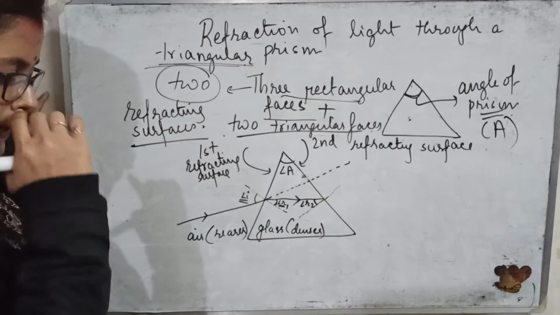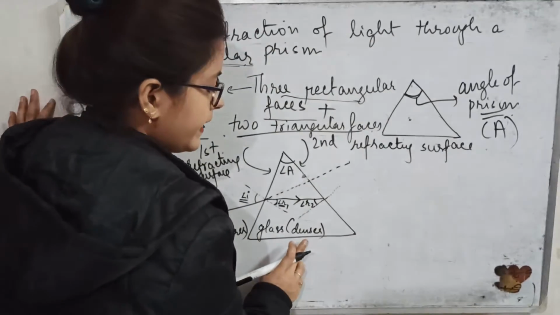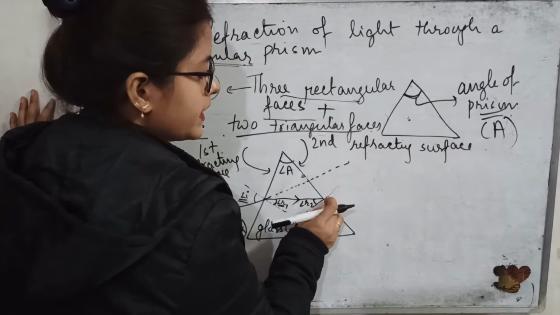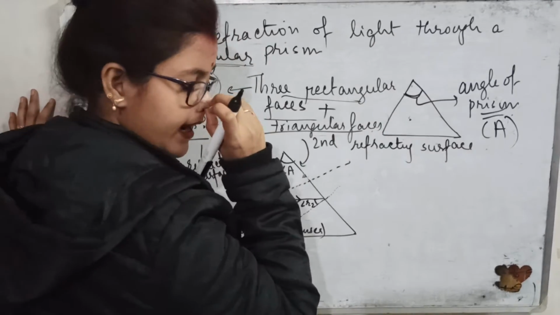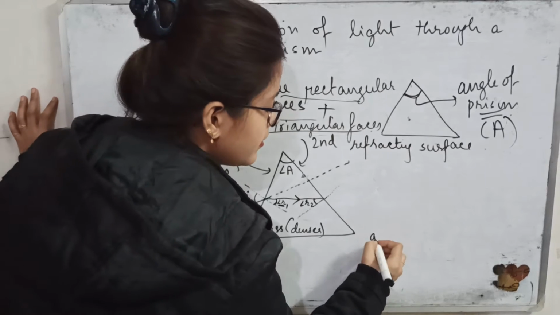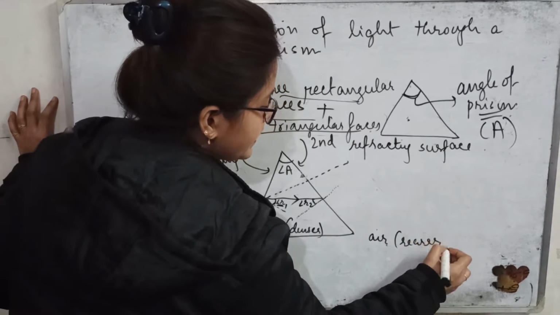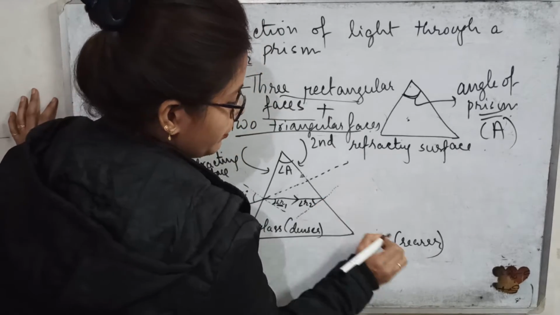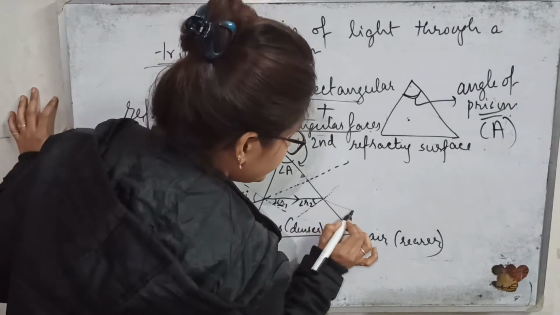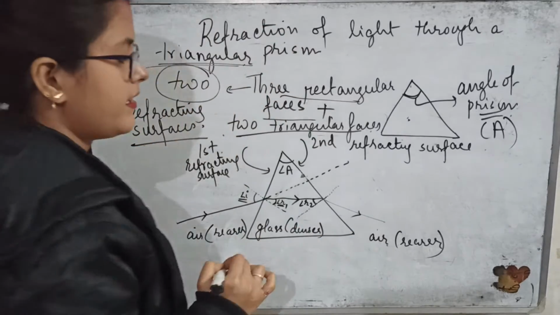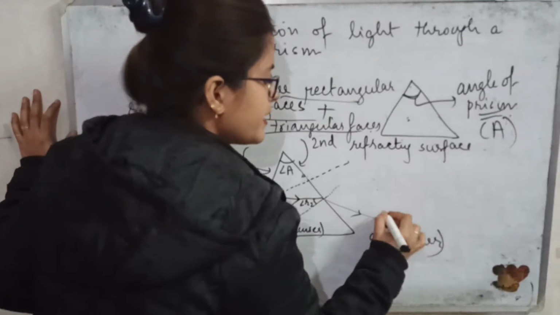Okay. Now, when it emerges from the glass, it again moves from a denser medium to a rarer medium. That means it will move away from the normal. And this is the emergent ray.